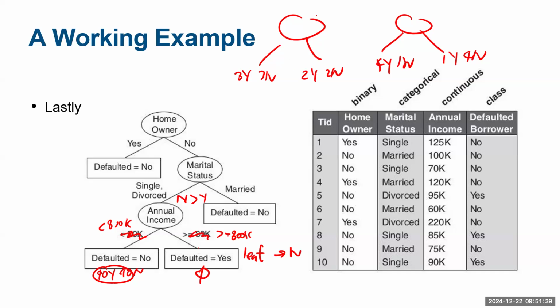So the question is, how can we measure the split? Intuitively, we know the left side is bad and the right side is good, but we need something more mathematical. We want to be able to compute some value, and then compare two values.